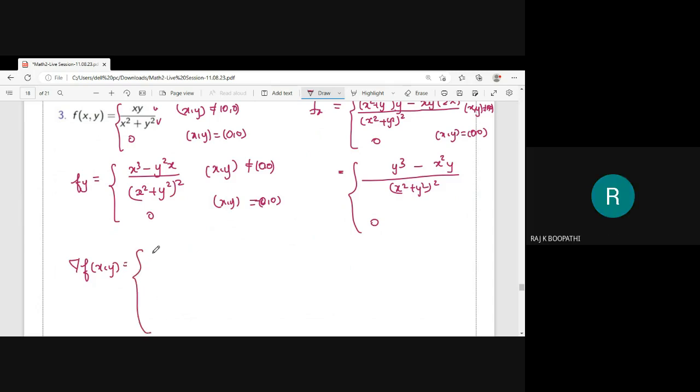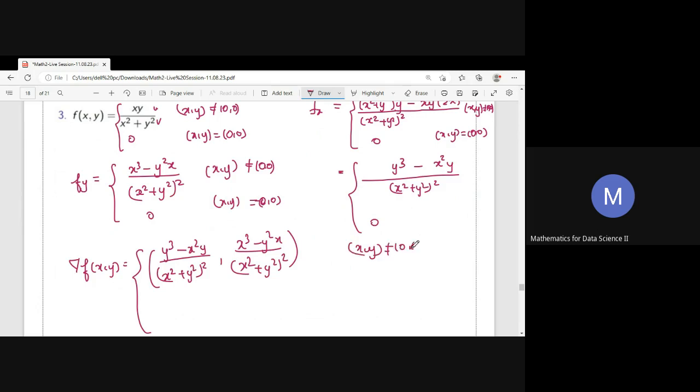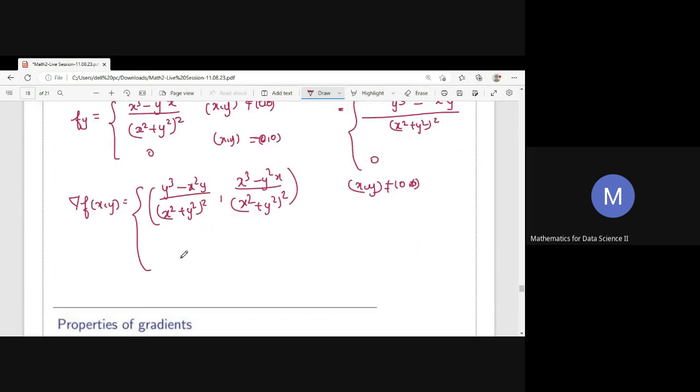It is y cube minus x squared y by x squared plus y squared whole square, comma, x cube minus y squared x by x squared plus y squared whole square, when x comma y is not equal to 0 comma 0, and 0 if x comma y equals 0 comma 0. Okay, so this is your gradient function.